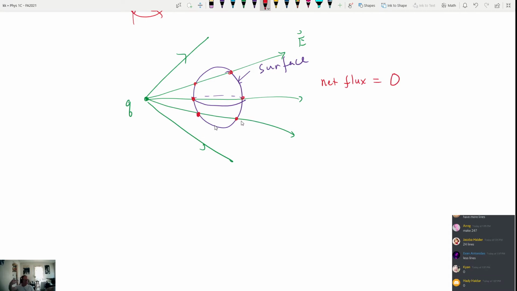Again, you can conceptually understand flux by thinking about field lines, and the number of field lines crossing the surface is directly proportional to the flux. So if you just count lines, then you can find the flux, basically, right?